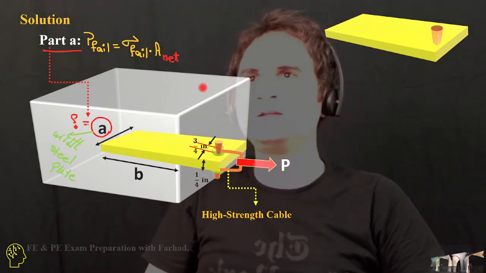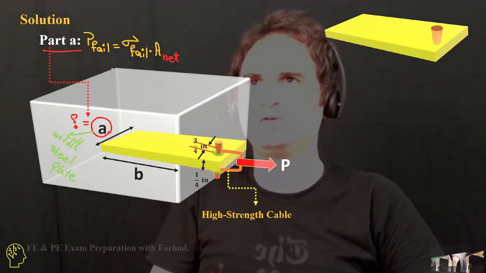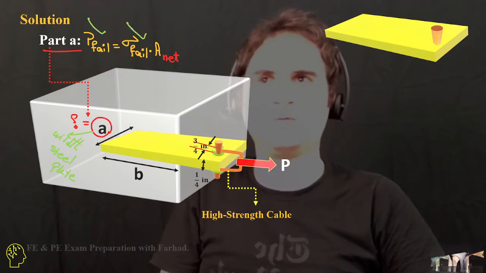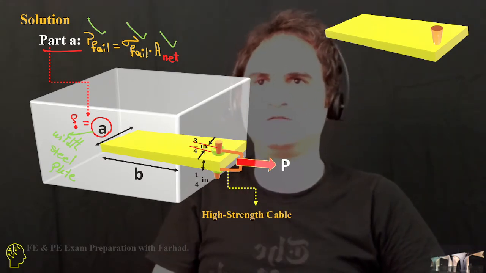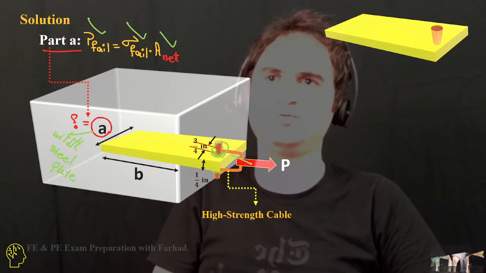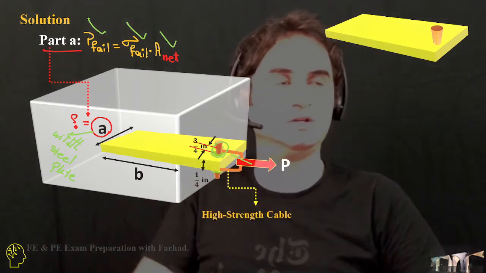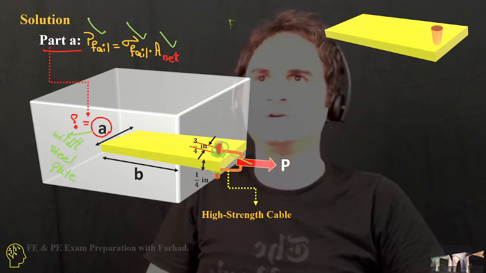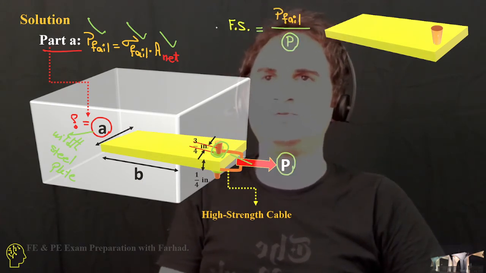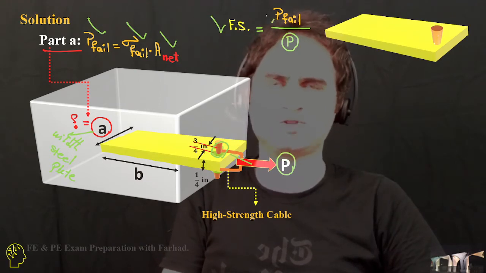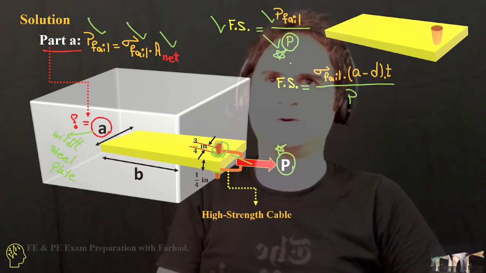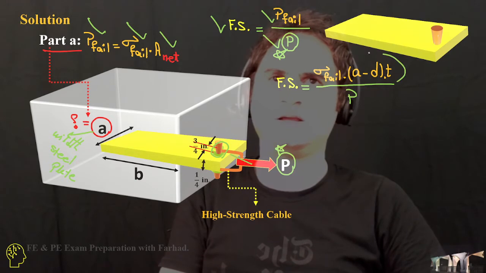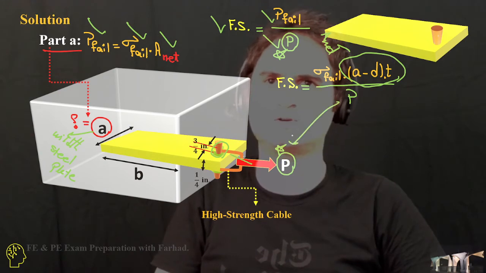P failure is equal to sigma failure, the normal stress at failure, times the net cross-sectional area, because if you have a hole inside a plate and you pull it, you have to subtract the hole from the whole area. We know the factor of safety is the force of failure over the available force. So Fs is sigma failure times the net area, over the available force, which is P.